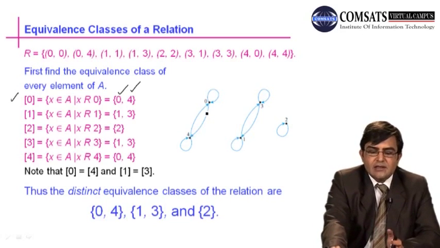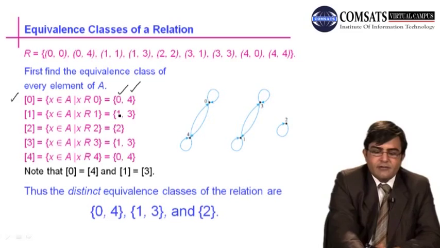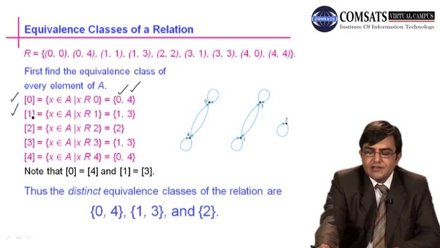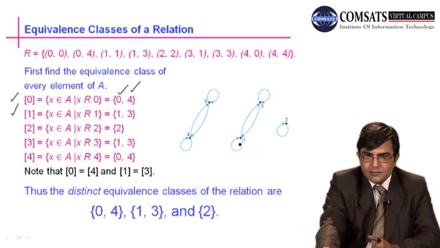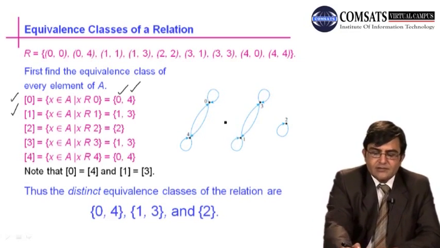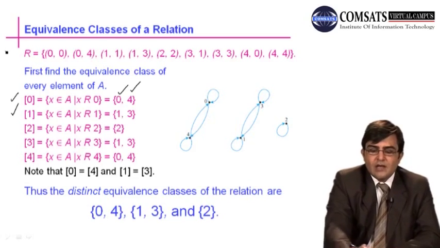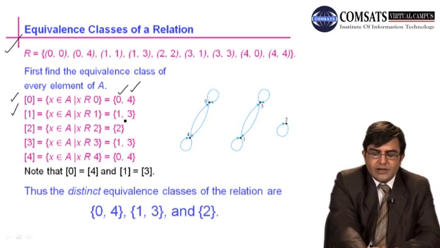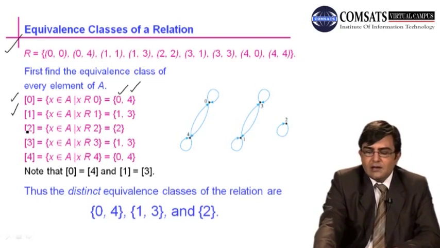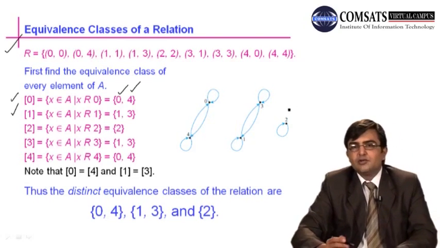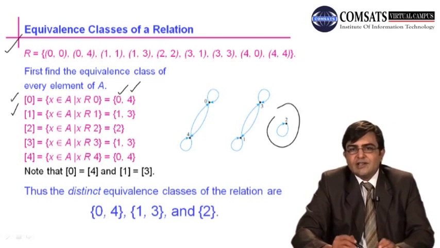So this equivalence class contains two elements, which are 0 and 4. Next, for 1: 1 is related to 3, 3 is related to 1, 1 is related to 1. So there are only two elements related to 1 under this relation. So we write [1] = {1, 3}. Now we write for 2. 2 is related to 2 itself only.